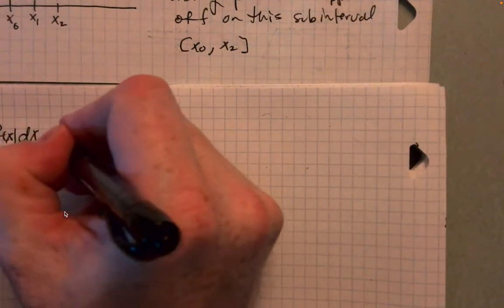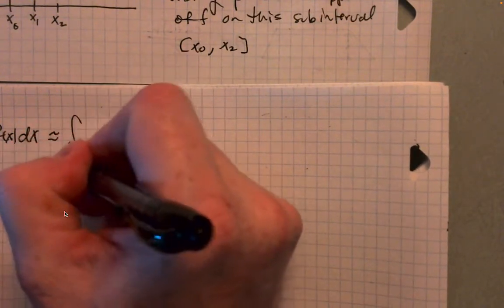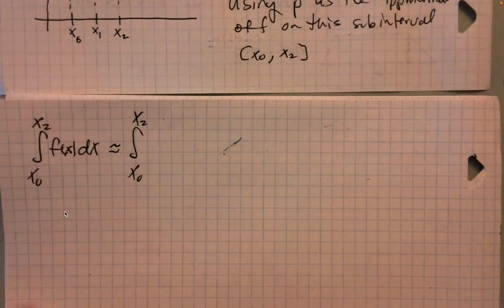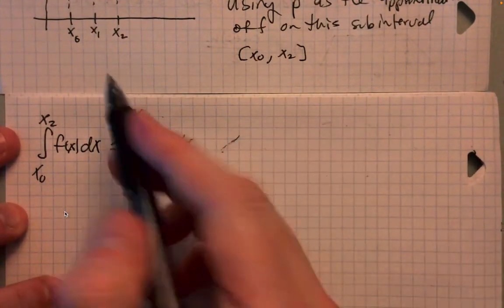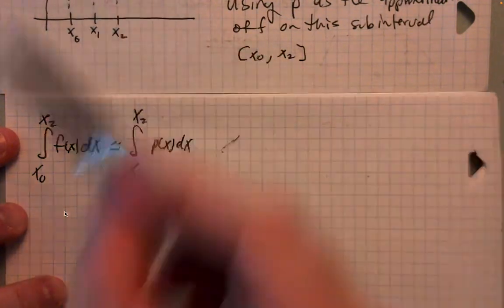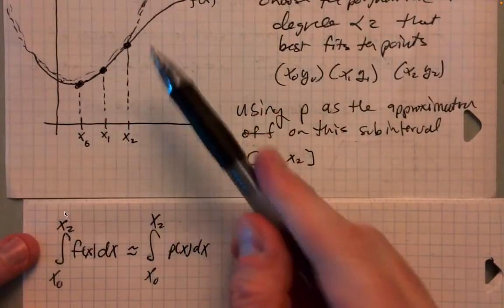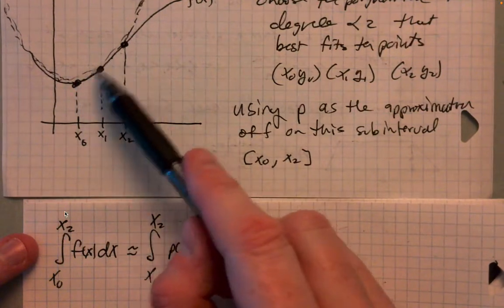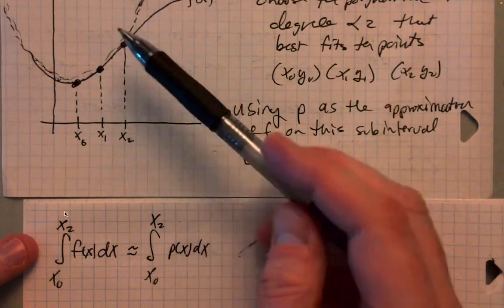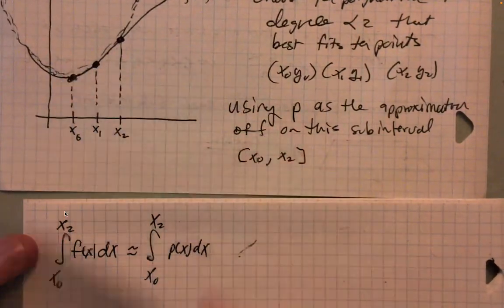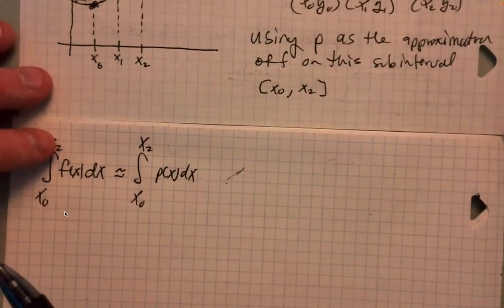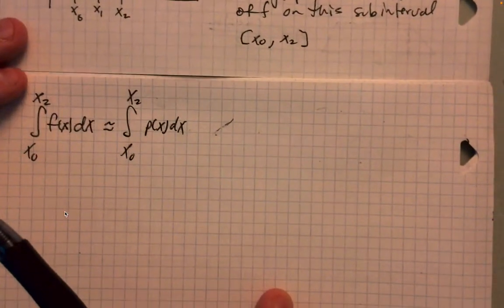is approximately the integral from x0 to x2 of p of x dx. Okay, so it's not exactly equal, right? There's going to be some distinction between the two curves here, but we're assuming p is the best fit for these 3 points. It's equal to f at these 3 points. Maybe what's in between we can't guarantee, but those 3 points we know.